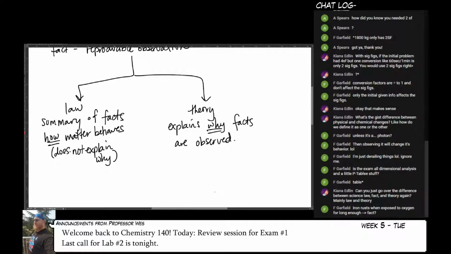And it would explain that objects are attracted to each other if they have mass. But why are they attracted to each other? You'd have to go to a discussion of gravitons and stuff like that, which I don't think that discussion exists yet. So gravity's not a great way to propose the theory topic, but there are many other theories out there that can be explained.